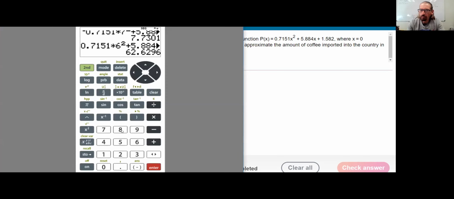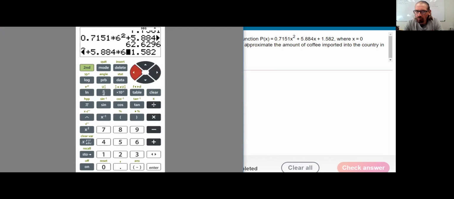And what I've done here is wherever I saw x in this polynomial function, I plugged in 6 for x. And I'm going to have to scroll for you to be able to see all of that. So here's the 0.7151 times 6 squared plus 5.884 times 6 plus 1.582.